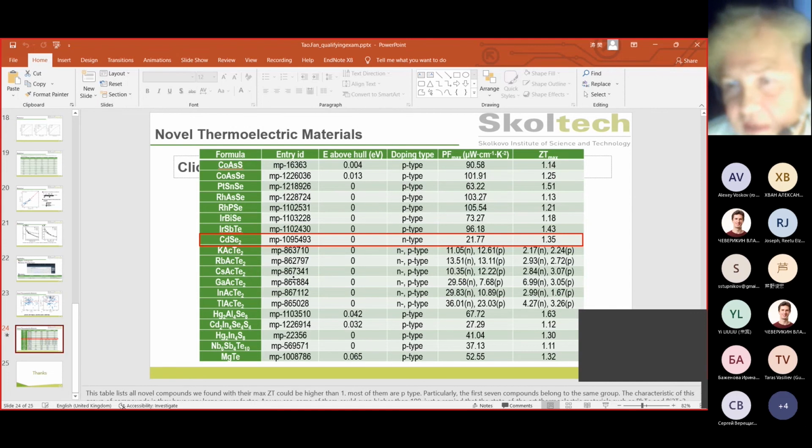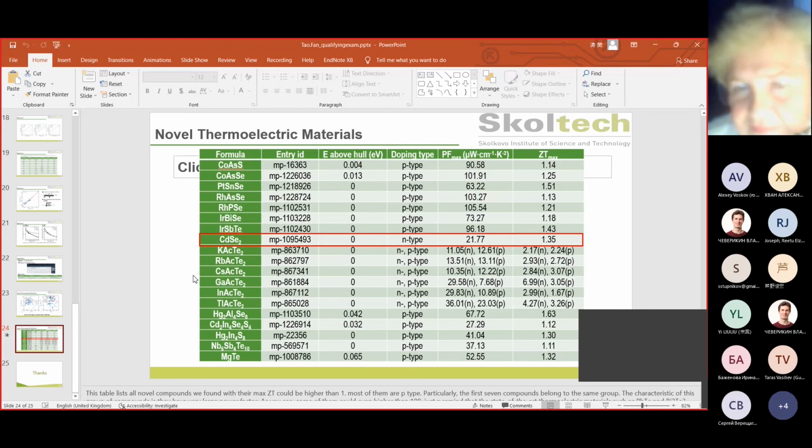What is the accuracy of your calculation? I saw a deviation, for example, for industrial thermoelectric material with telluride, a very large deviation. What is the error of the calculation of such ZT for this compound?